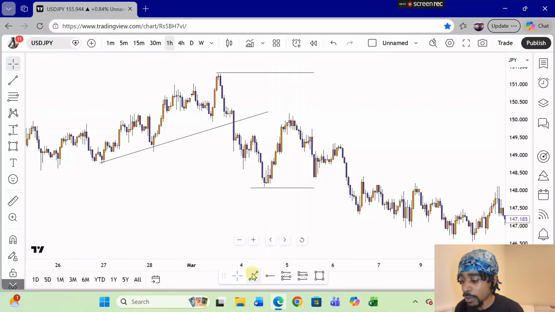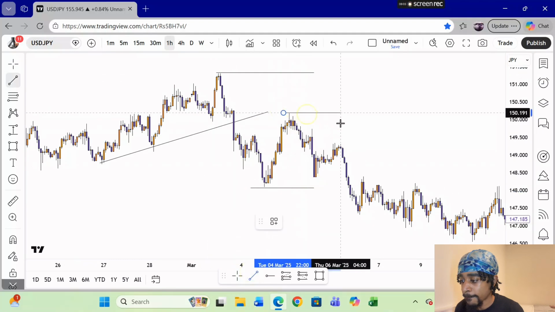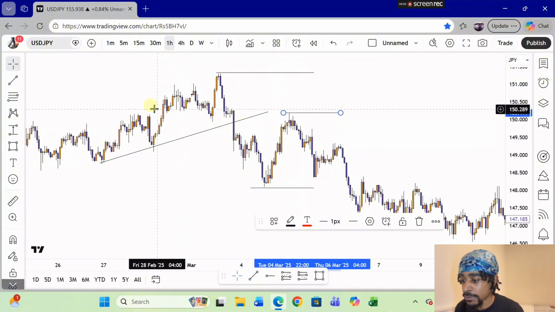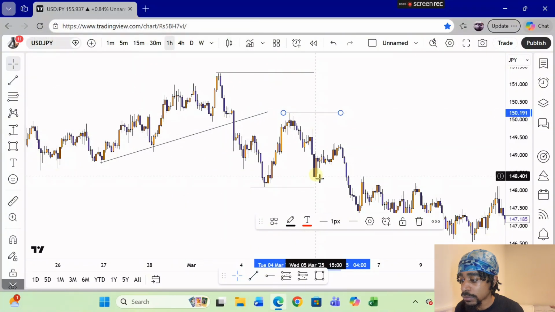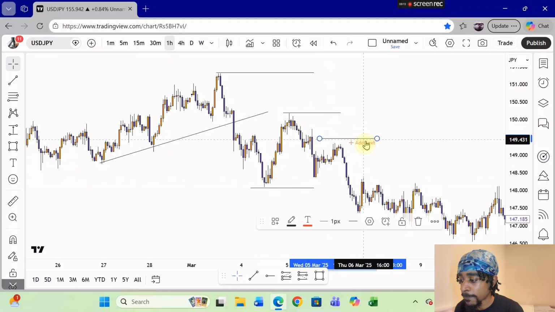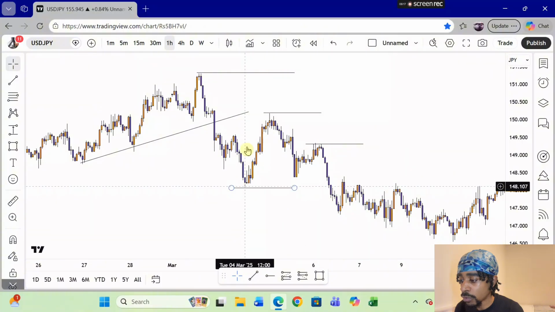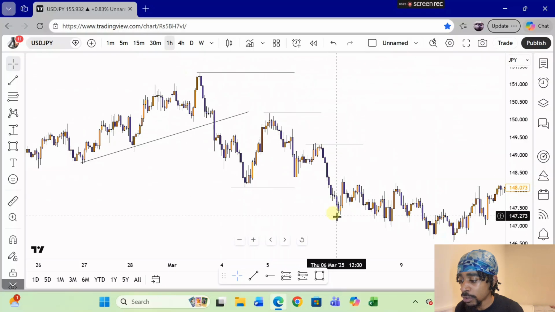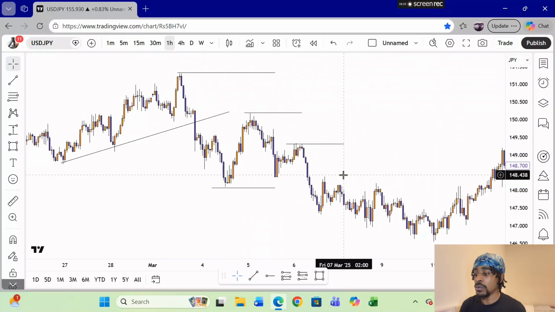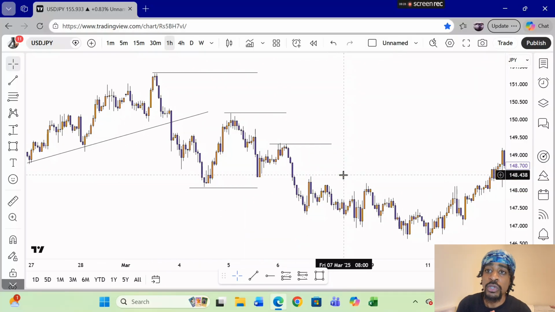And then we put a lower high in. And then we put an equal low, another lower high, and then burst through that low, continuing this downtrend with lower low, lower high, equal low, lower high, lower low, lower high. So this is me showing you guys structure on the charts.